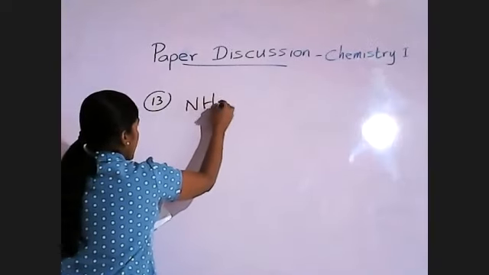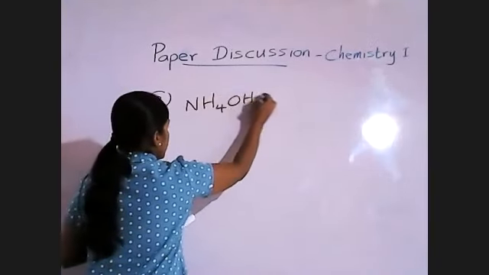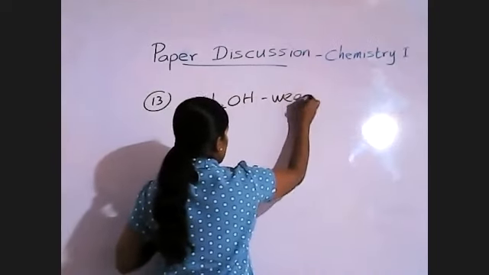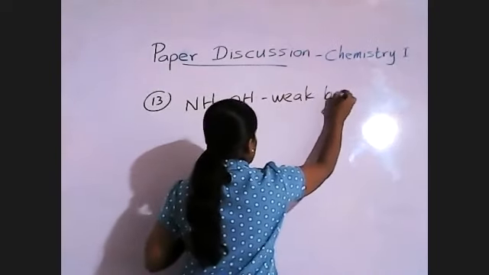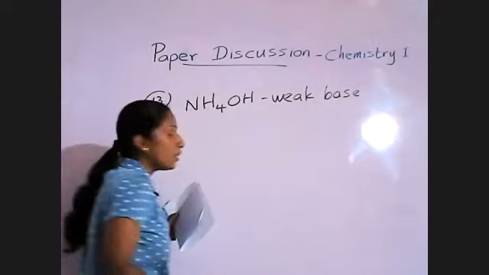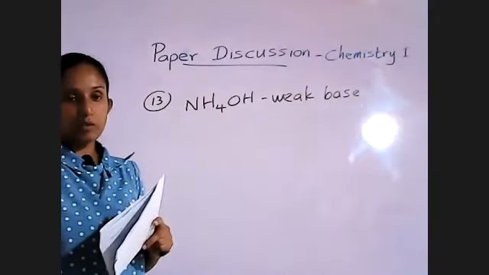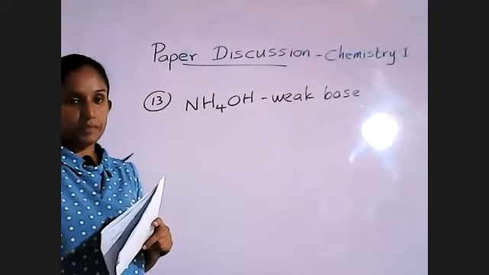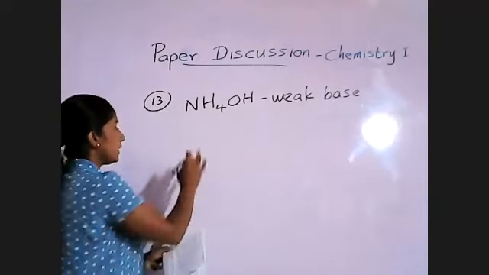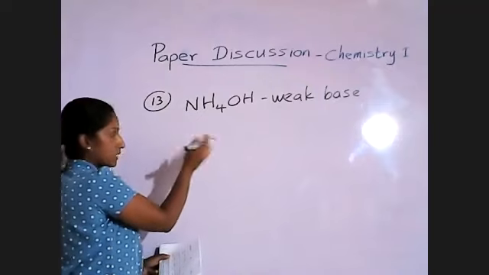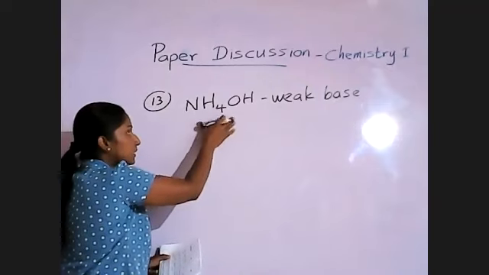Look at this one, with the ammonium hydroxide. It is a weak base, right? So it is not completely ionized in water, or in the aqueous solution. Aqueous means in water. So what are the ions in this solution?